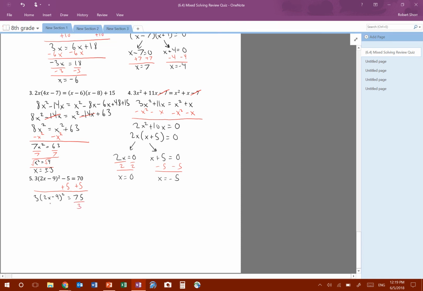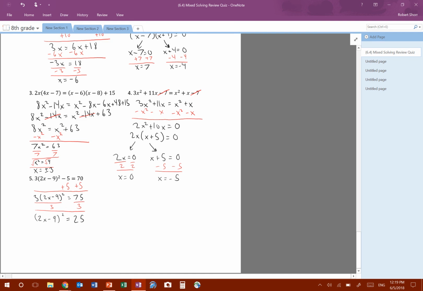Now I'm going to divide by 3 and get (2x minus 9) squared equals 25. Now I square root both sides.